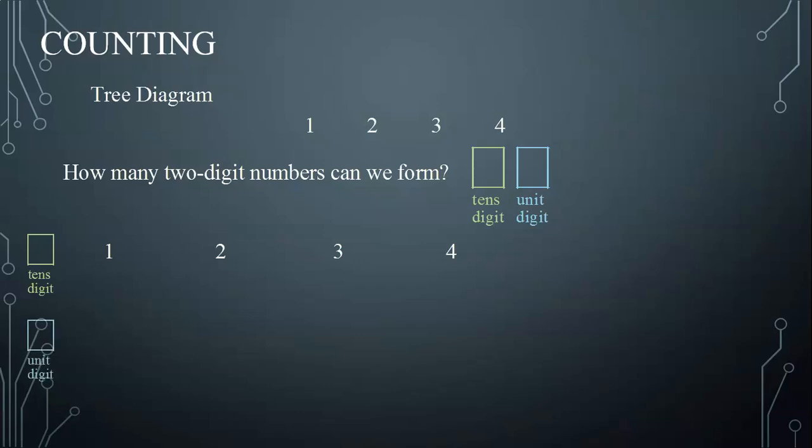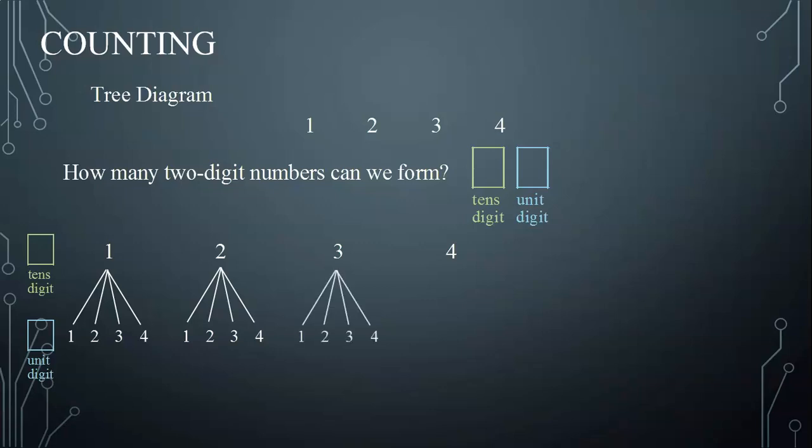Now for the unit digit, if I chose 1 for the tens digit, I can still choose either 1, 2, 3, or 4 for the unit digit. Similarly, if I chose 2 for the tens digit, I can choose either 1, 2, 3, or 4 for the unit digit. Similarly for the last two possibilities of the tens digit.